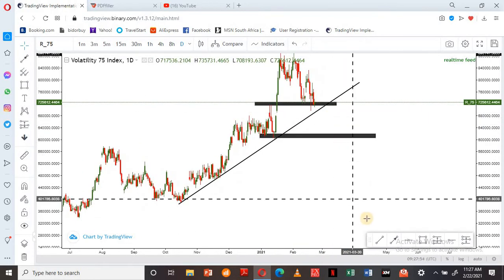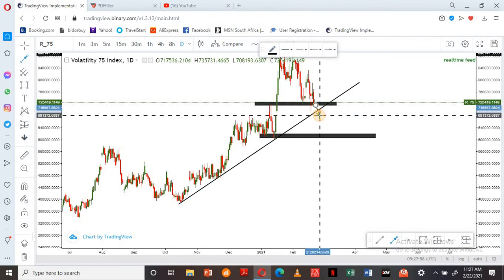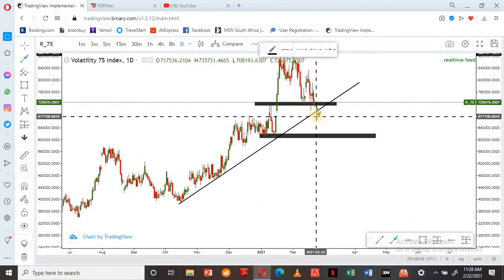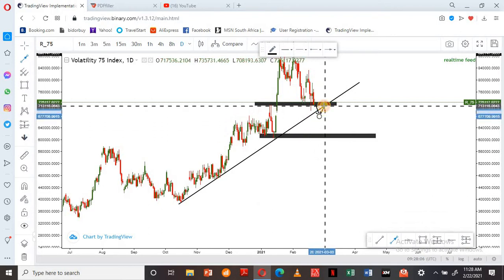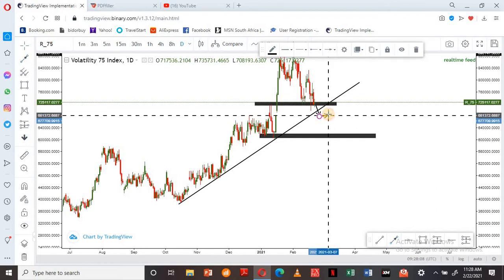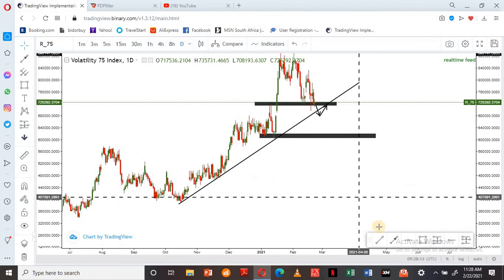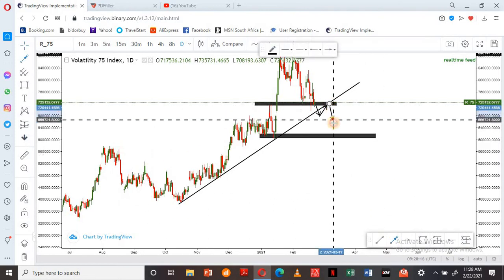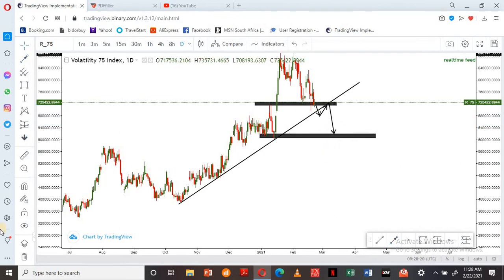So if we get a breakout of that trend line and we get a retest of that trend line, turning our support level into resistance, then we expect it to fall down here, which makes it more effective.